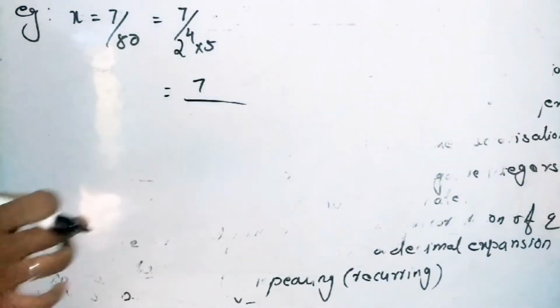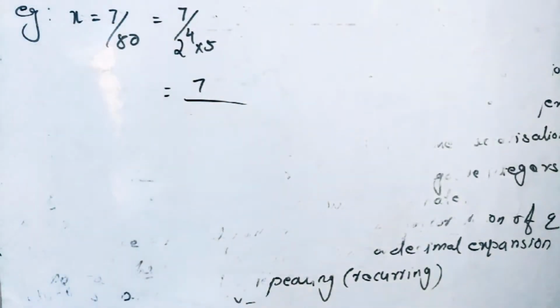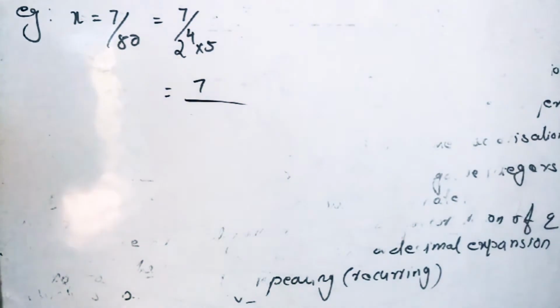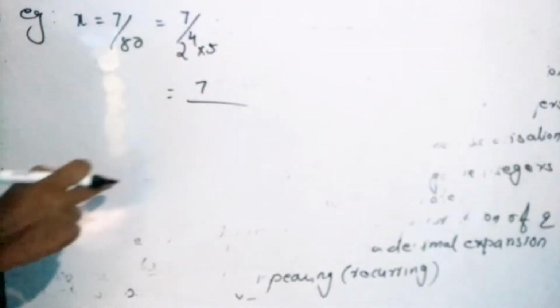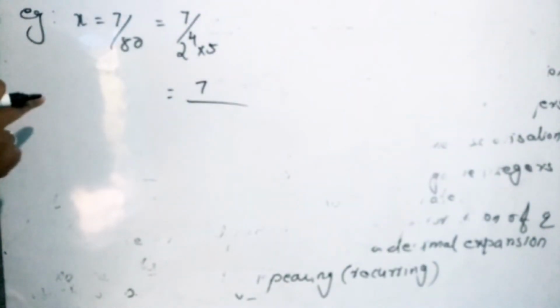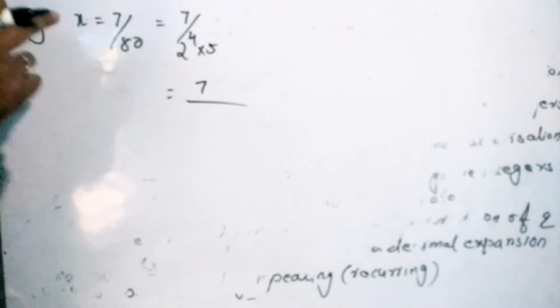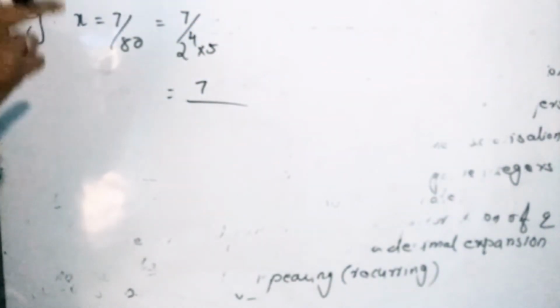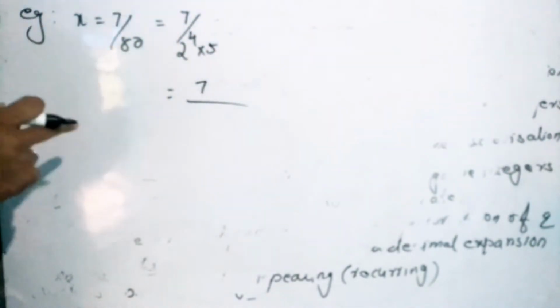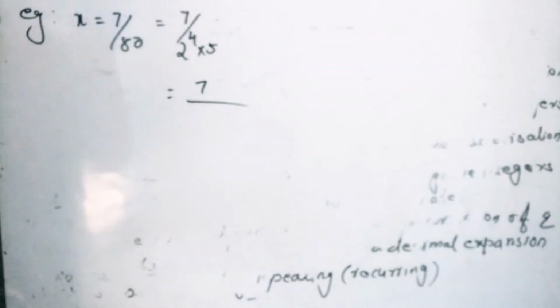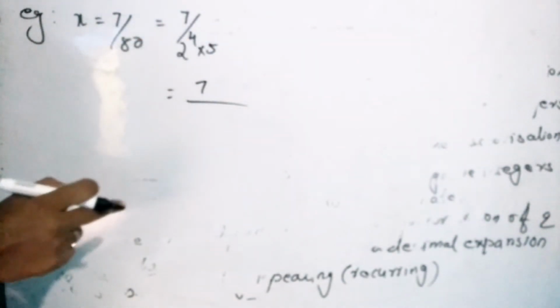Here we have 2 raised to 4 and here we have 5. The powers of 2 and 5 are not equal. So, first step, we need to make the power of 2 and 5 same.